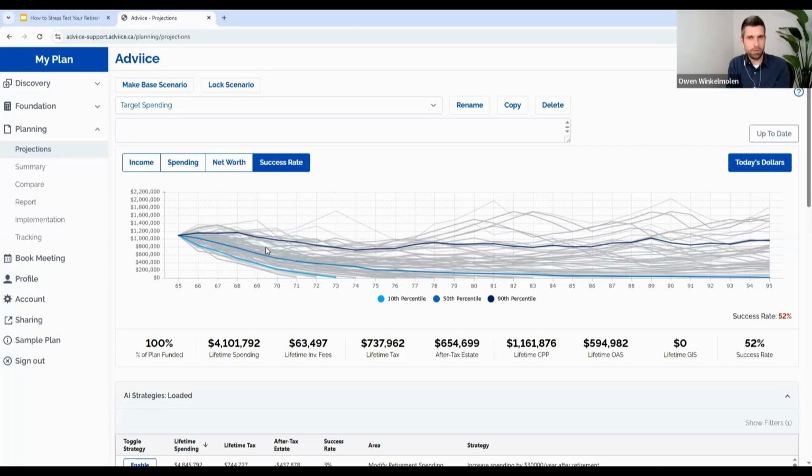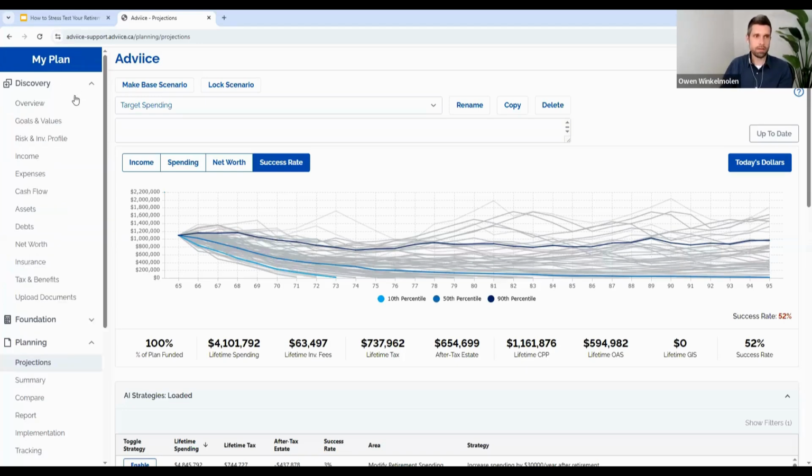So in general, if your investment returns are going up, probably wait until we get to that next year point to update the plan. The exception, of course, is if we have a big correction, depression, recession. In that case, yes, update the plan, put in your new account balances in the discovery phase.